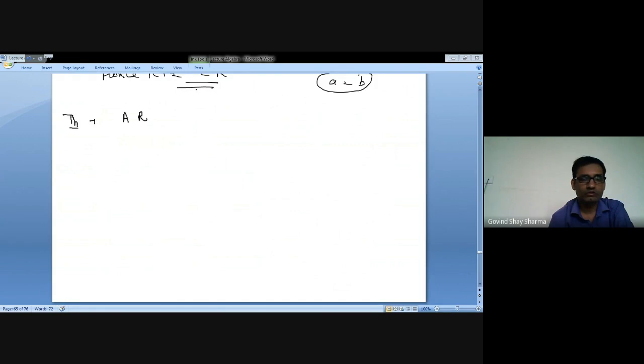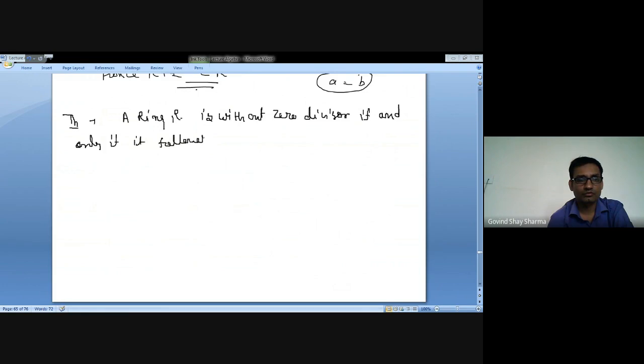A ring R is without zero divisor if and only if it follows the cancellation law.